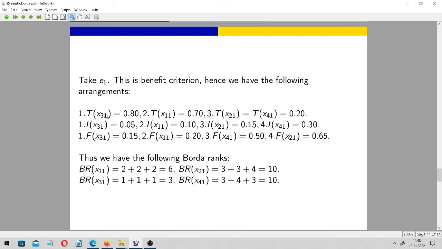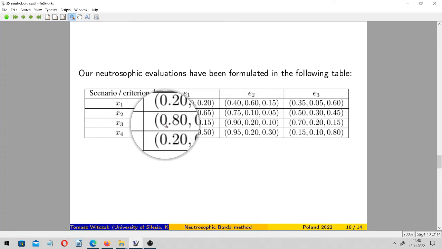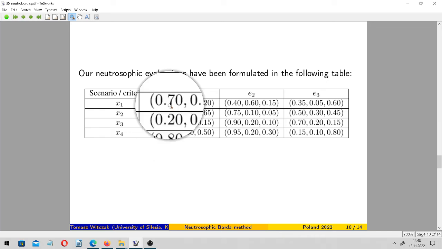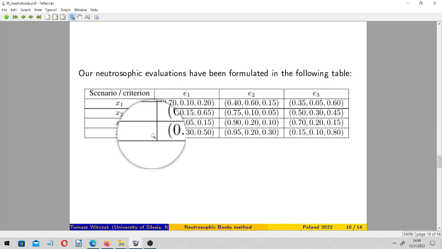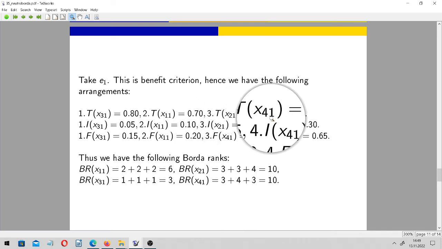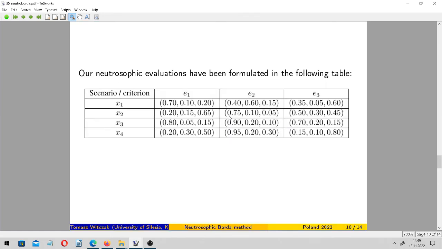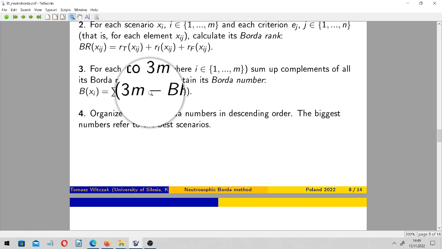For example, in case of truth, from the biggest numbers, 0.80, this is scenario number 3. Then we have 0.70, scenario number 1, and x2 and x4 are equal with 0.20. So this is a problem here, and it should be solved. It would be better to give these 2 scenarios, number 2 and number 4, something like place number 3.5, or to modify this formula slightly.